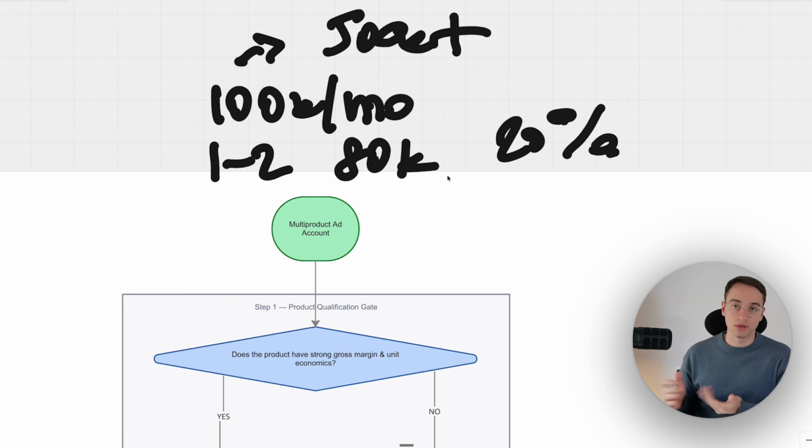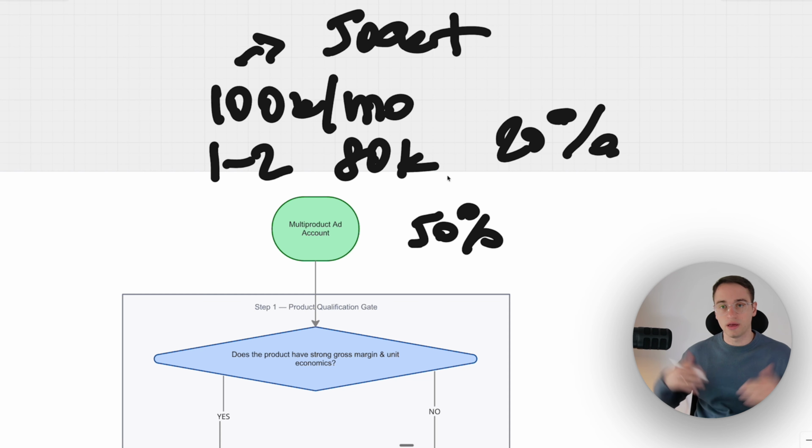If you have below 50% gross margin on a product, it's very hard to make it work on paid media without any level of subscription or upselling. Again, I'm not just isolating on that data point, but this is a general rule. You can make things work with 40%, even 35 maybe. But make sure you have strong enough gross margin.